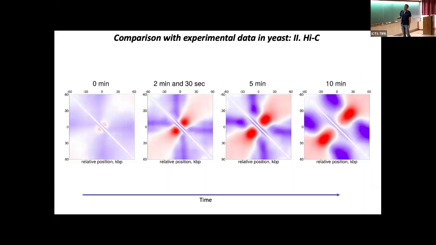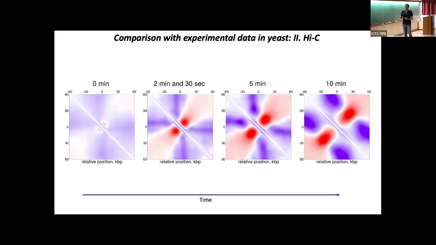And you can now compute what should be the Hi-C map around origins as a function of time. And so this is the case of the loop extruding scenario when you have interactions. And you can see that you have the formation of these fountains that are growing, and I didn't show it, but at the end, they just disappear at the end of replication.